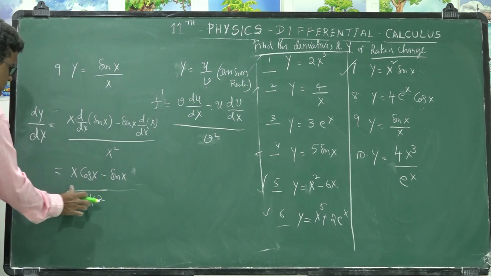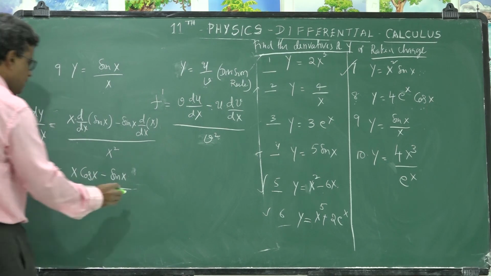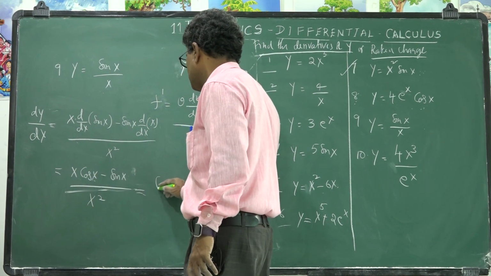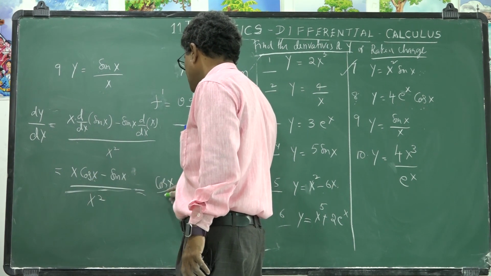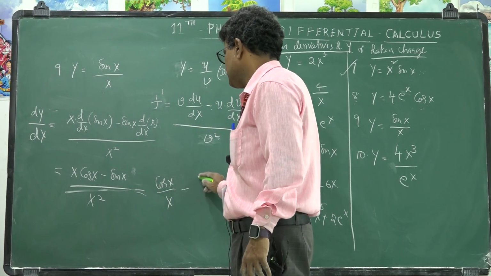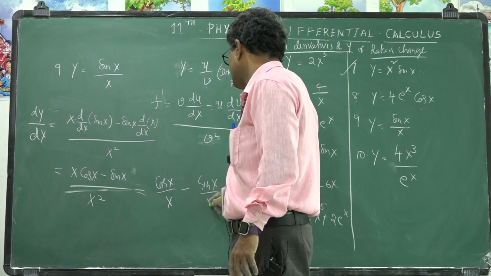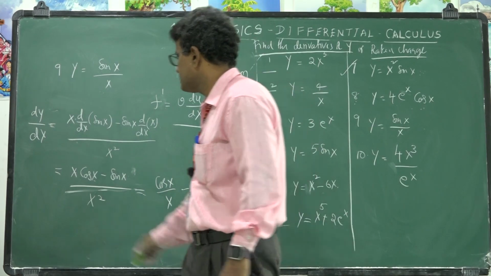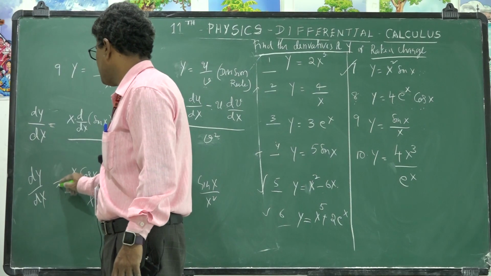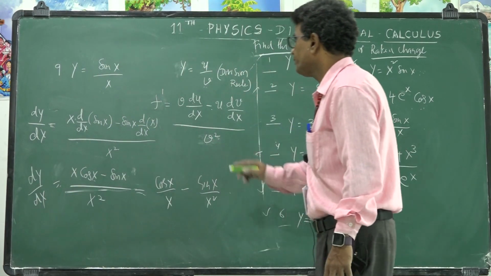This can also be written as cos x by x, with one x cancelled from x square, minus sin x by x square. So this is the derivative of the given function dy by dx. This is the answer.